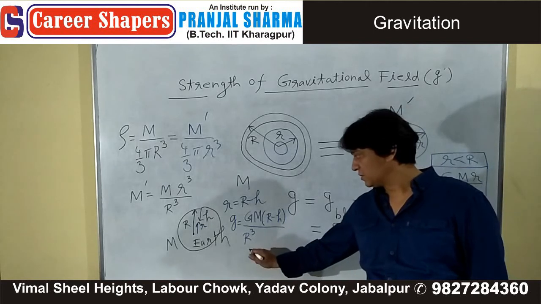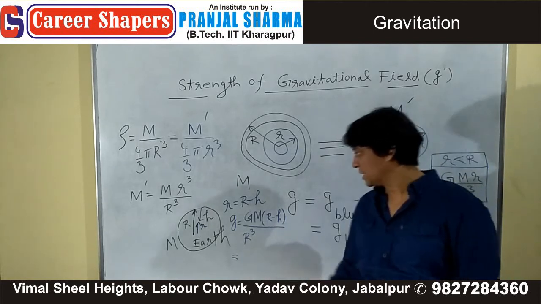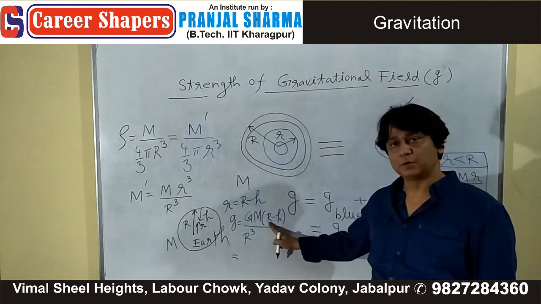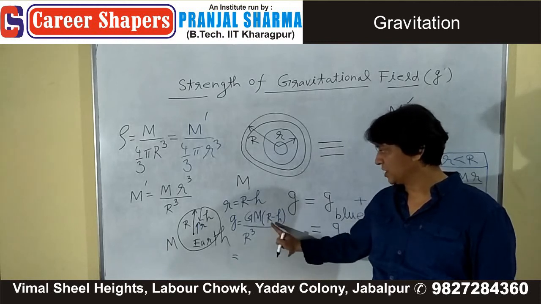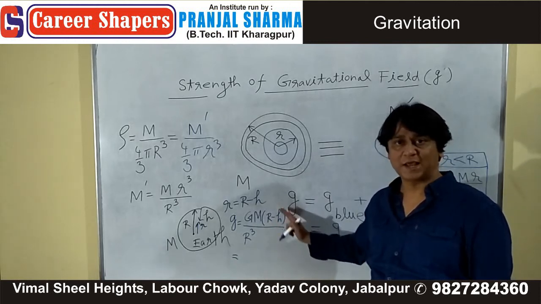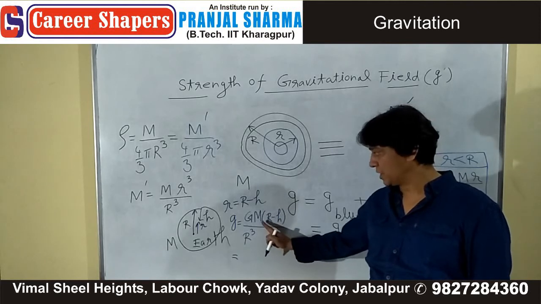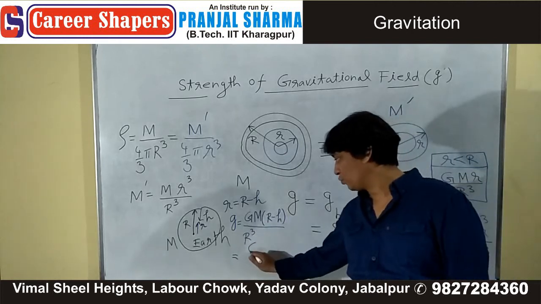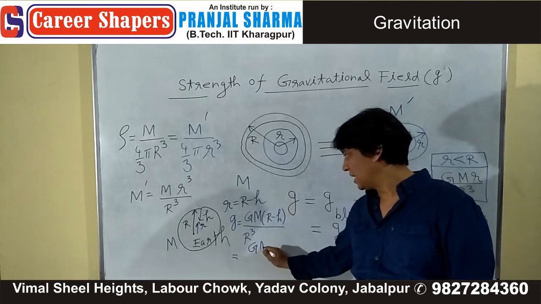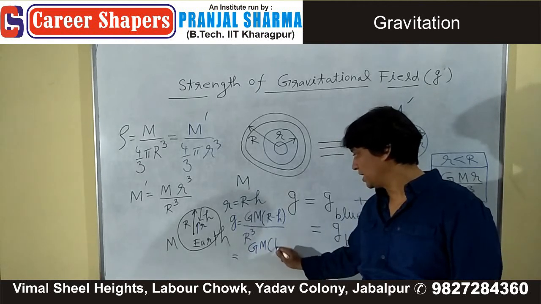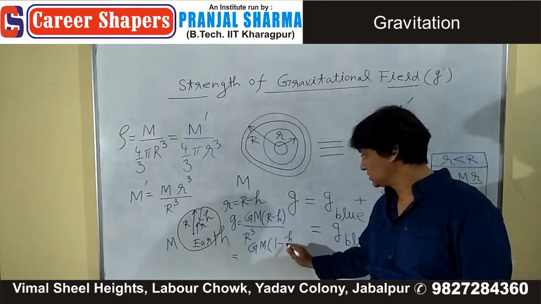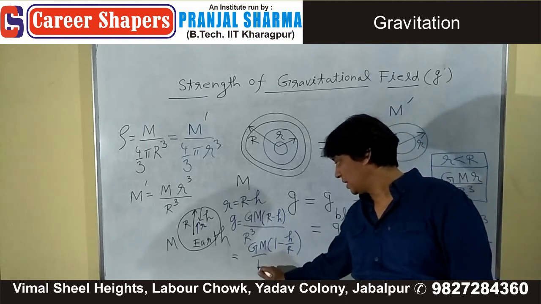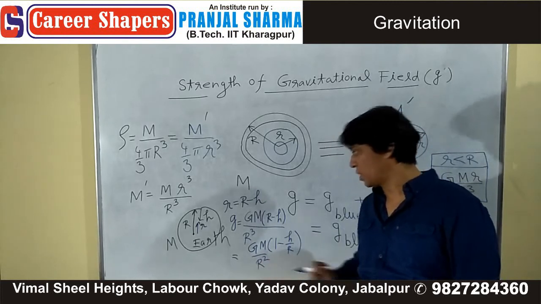If you take R common, this becomes 1 minus h by R. And once you take R common, this R and R cube are cancelled and you are left with G M multiplied by 1 minus h upon R divided by R square.